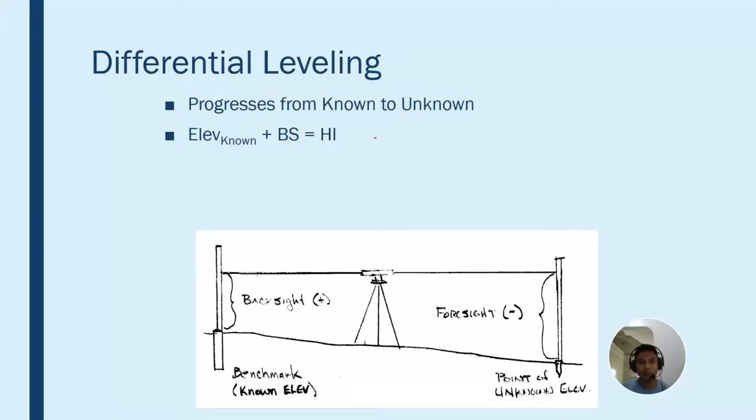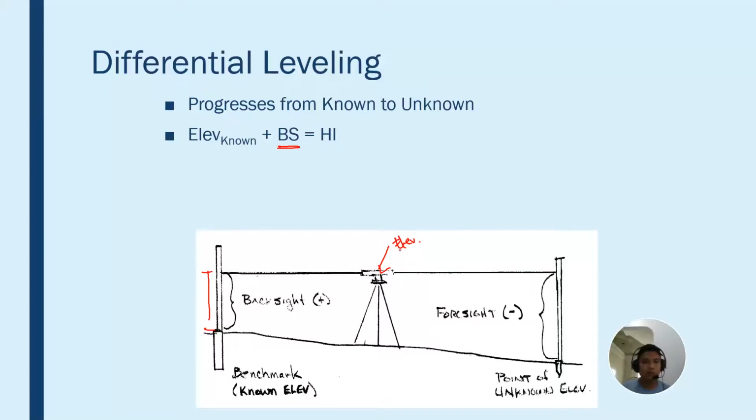So it is important that for the initial station or the first point, we start at the benchmark because it has a known elevation. To compute the height of instrument, or the elevation at the line of sight of the instrument, we simply add the backsight or the rod reading at the benchmark to the known elevation of the benchmark.